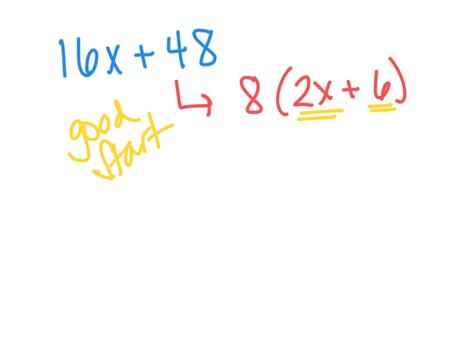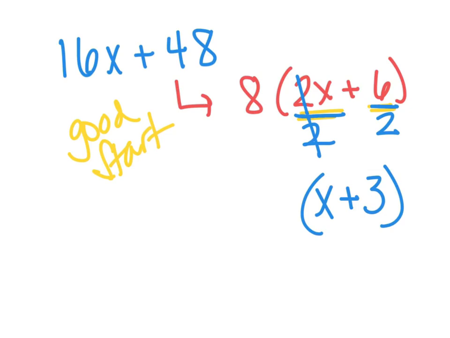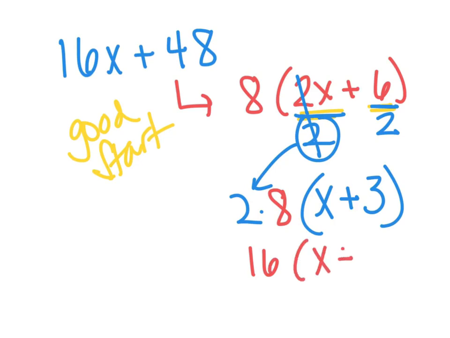So if I divide by 2 and divide by 2, then I would have x plus 3, but I have to remember that this 8 was in front, and I also have to take care of that 2 from over here. So I've actually factored out 16 multiplied by the quantity 1x plus 3. So that's a good way to check your work when you've factored, to know that you have definitely found the GCF of the terms in that expression.